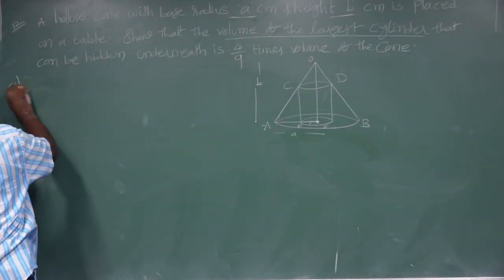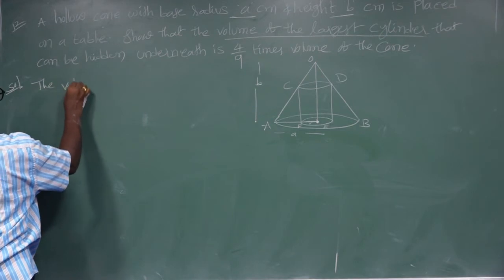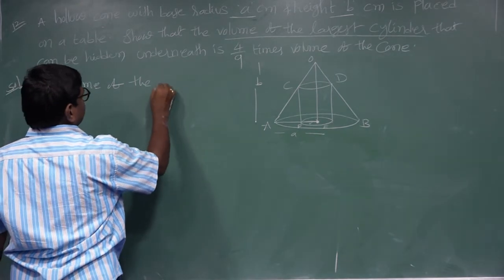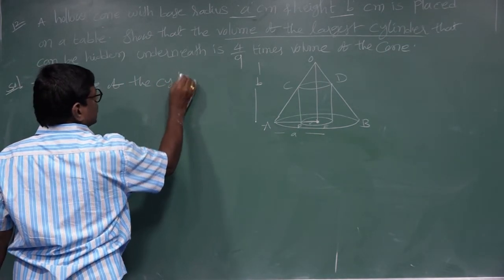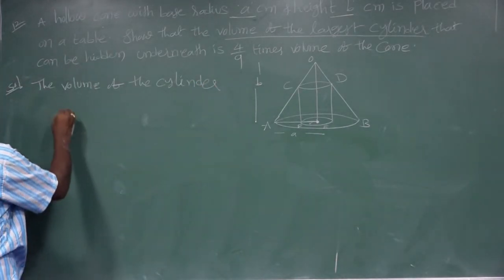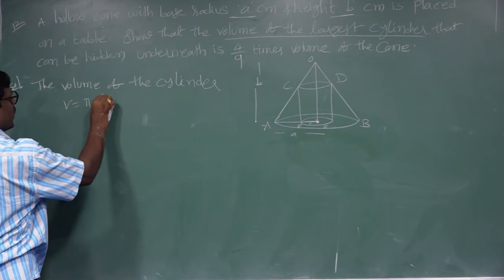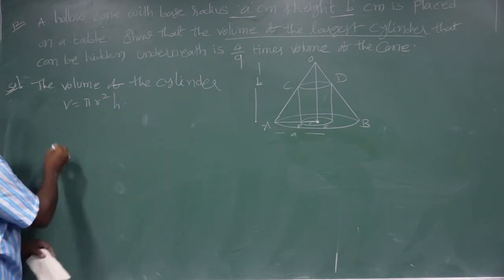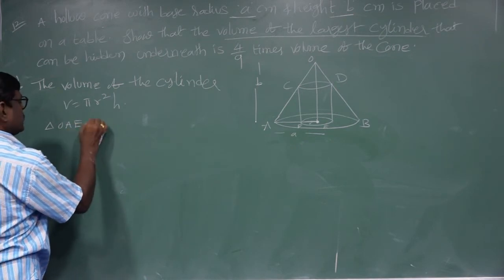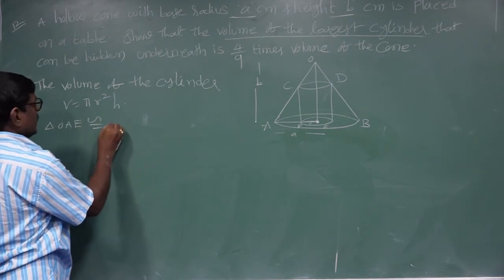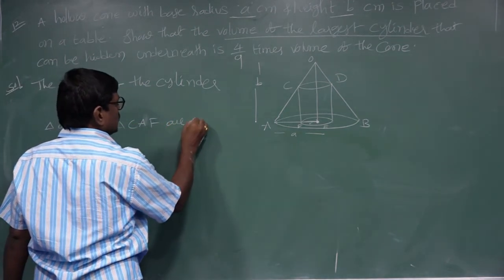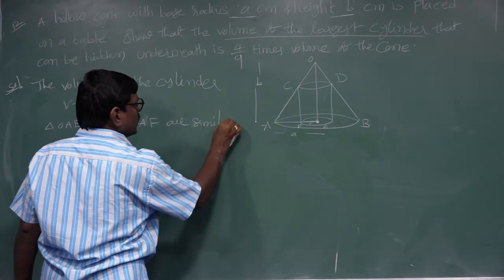Solution: the volume of the cylinder V is equal to pi r square h. Triangle OAE and triangle CAF are similar triangles.